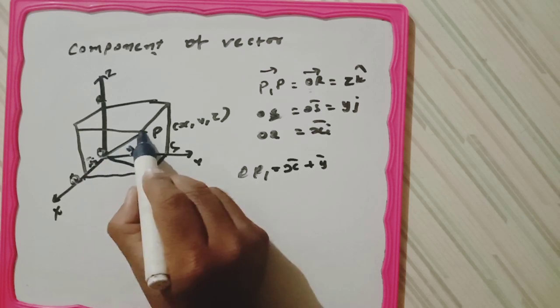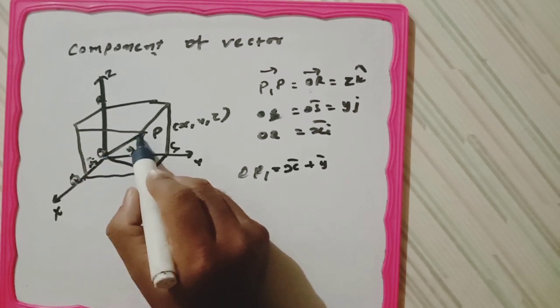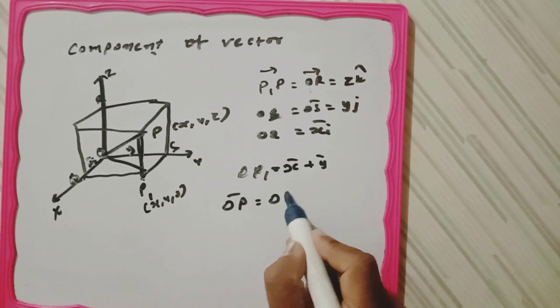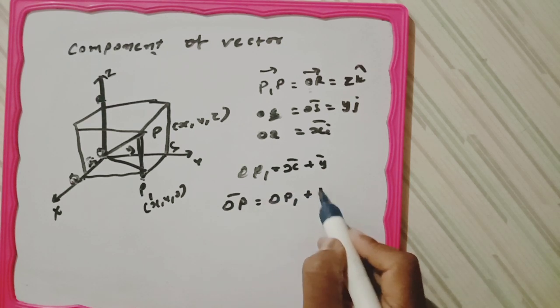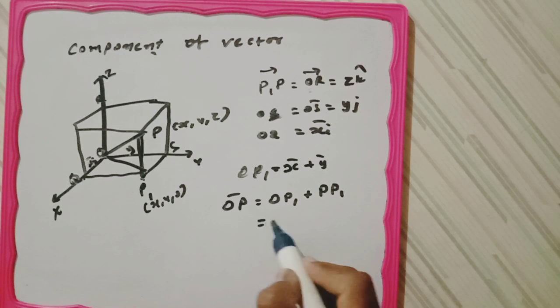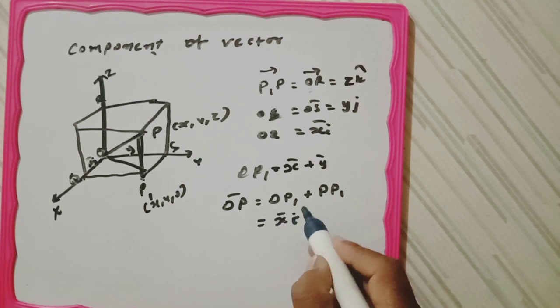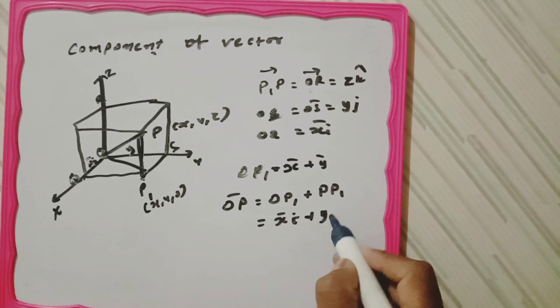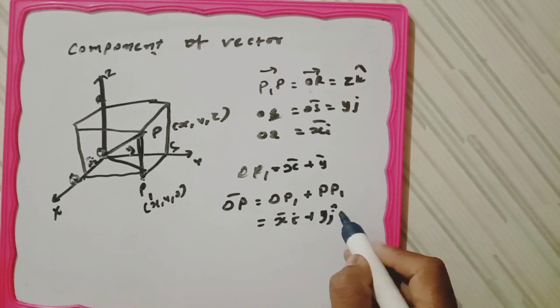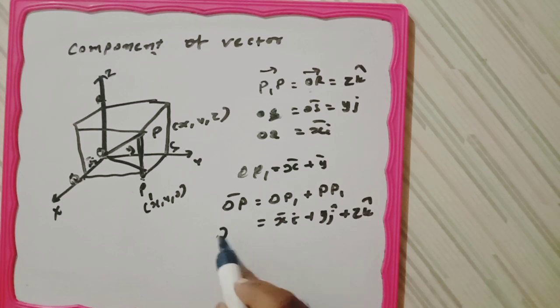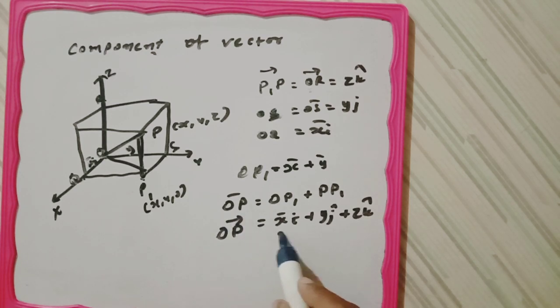If we draw the OP vector, then again the triangle law can be applied. Then the OP vector will be OP1 plus P1P. OP1 is x bar plus y bar, or xi caret plus yj caret, and P1P is zk caret. So the component form of the OP vector is given by xi caret plus yj caret plus zk caret.